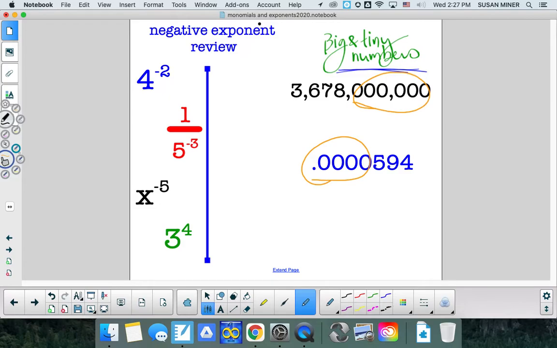And we call it scientific notation because we use it in science a lot. But also because we use it in math. But a lot of times you'll see scientific notation when you're working in science, when you're calculating. In fact, I used scientific notation a whole lot in my chemistry class, if you'll believe that.